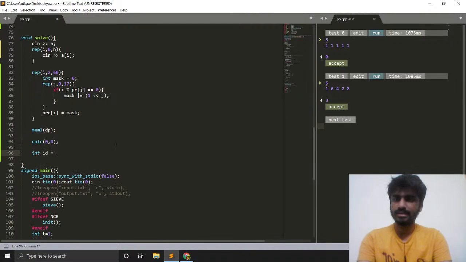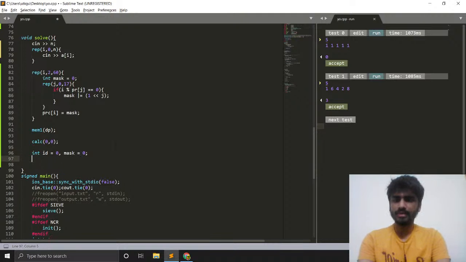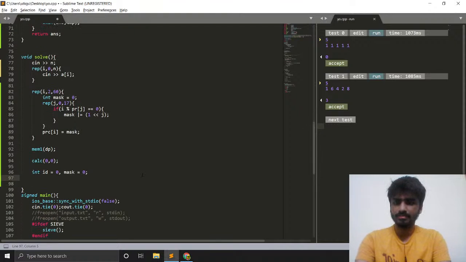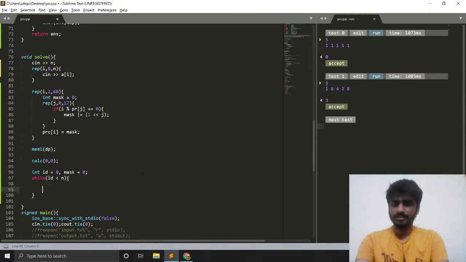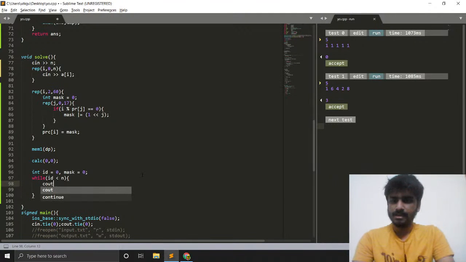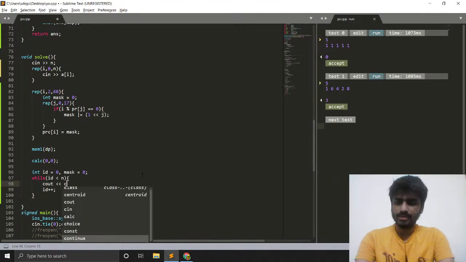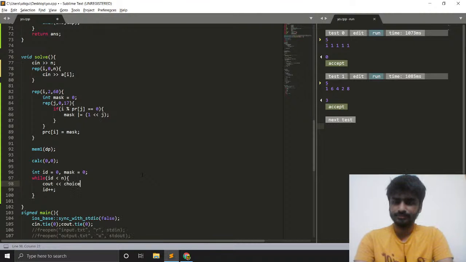So ID equal to 0, mask equal to 0. I will pick the correct choice, right? While ID is smaller than n, I'll do something. I'll increase the ID. I'll print the correct choice of ID comma mask.